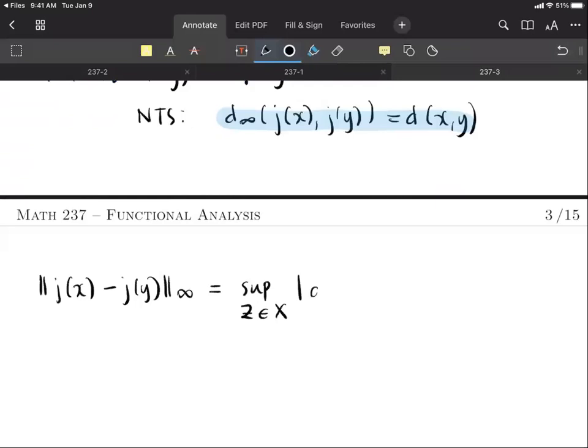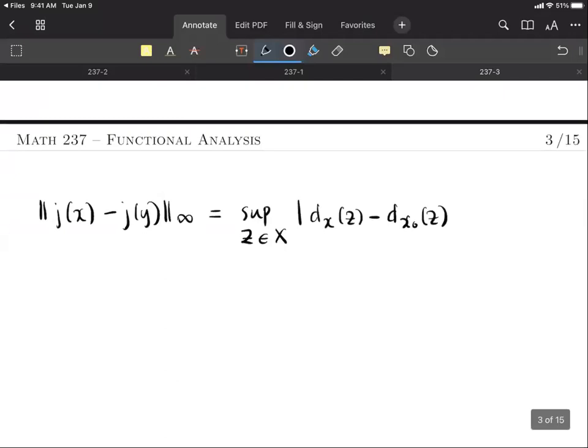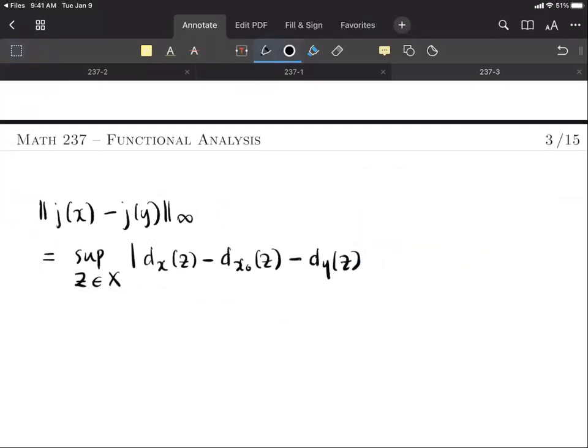This is the sup norm of d sub x of z minus d sub x naught of z, which is the definition of J of x, and in a similar way, minus d sub y of z, and we don't have enough space, so let us move this down, plus d sub x naught of z.